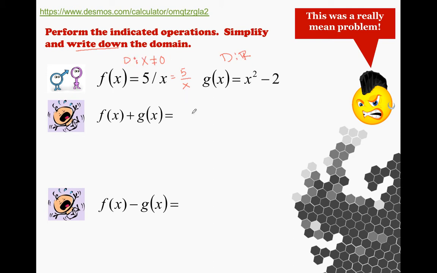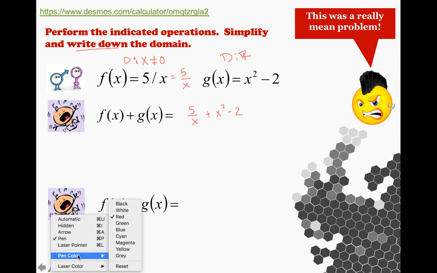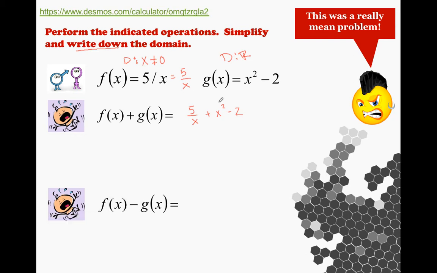So let's see what happens. Let's add f and g: 5 over x plus x squared minus 2. Okay, let's do some simplifying. Let's get them a common denominator, x as my common denominator. This is fun, right? It's not as simple as some of the others. I'm going to multiply this by x over x, and this by x over x.